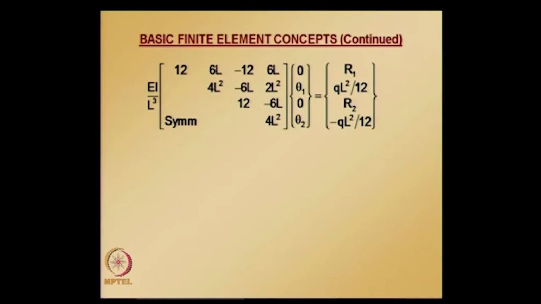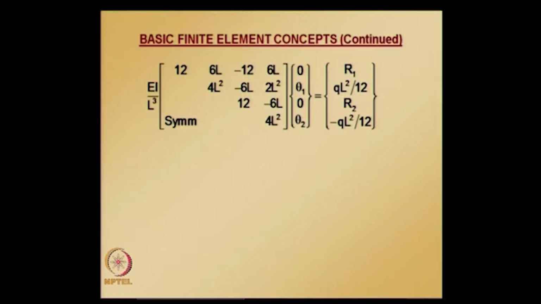So we get this equation system by substituting V1 equal to 0 and V2 equal to 0, and the corresponding locations in the force vector are replaced with reaction R1 and reaction R2. Since V1 and V2 are 0, we can eliminate rows and columns corresponding to those locations.